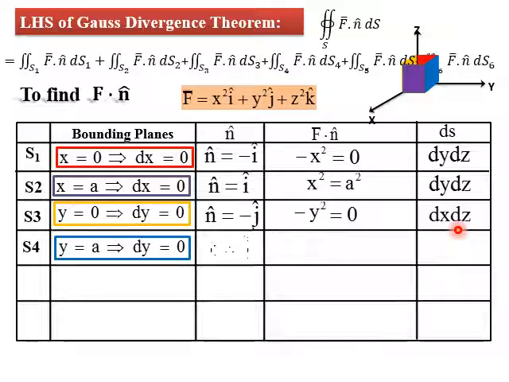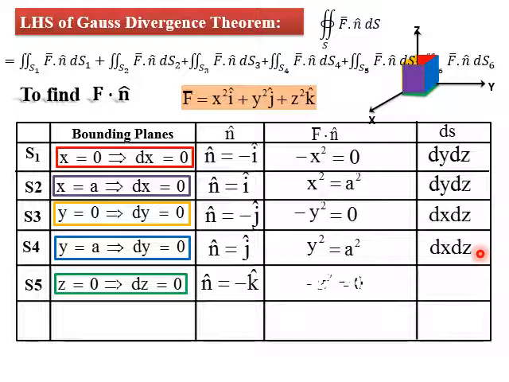Take the fourth face S4, which is the y equal to a plane. On y equal to a plane, dy is 0. N cap is along the positive y axis, so the outward normal is j cap. F bar dot n cap is a square because on the surface S4 y is a. For S4, dS4 is dx dz.